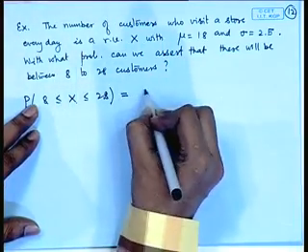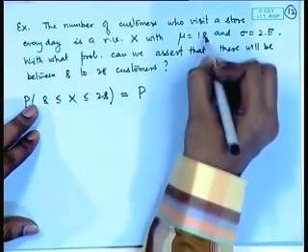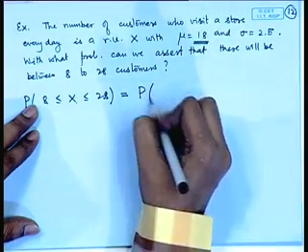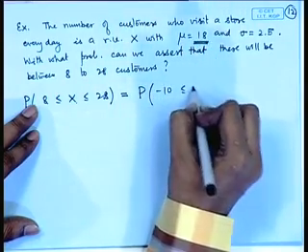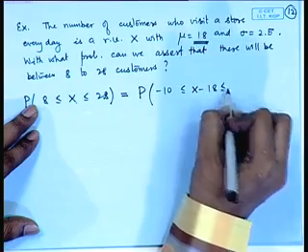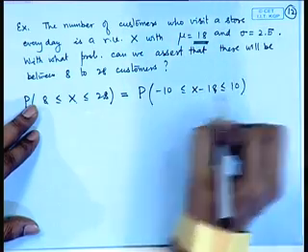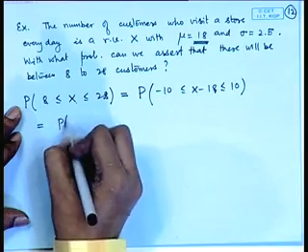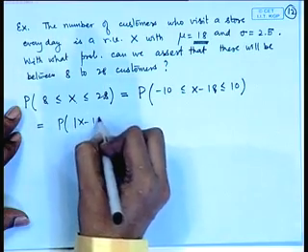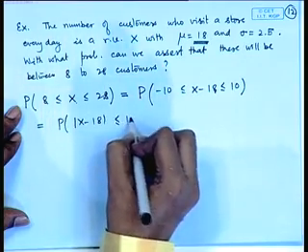If we want to utilize the Chebyshev's inequality, here the mean is given to be 18. So, this becomes probability of x minus 18 lying between minus 10 to 10. That means, probability of modulus x minus 18 less than or equal to 10.